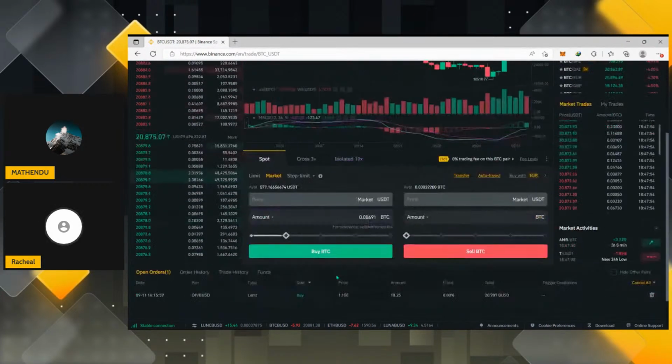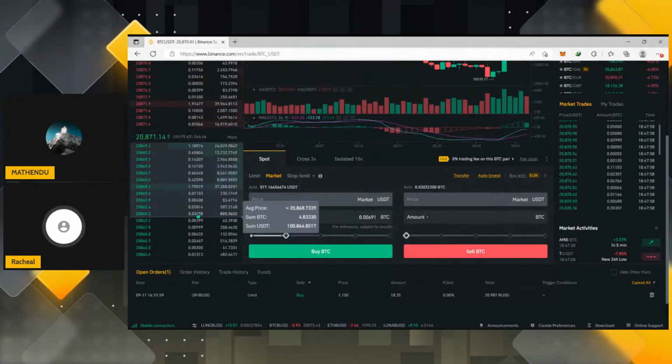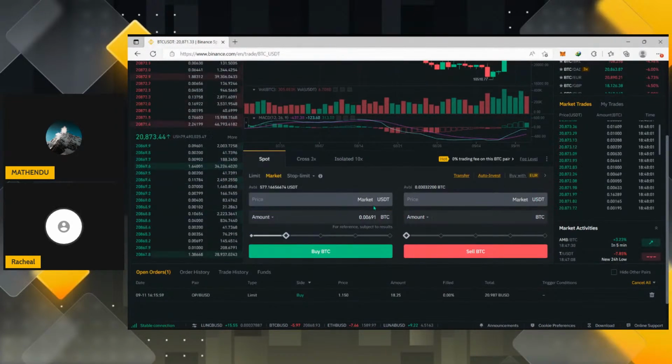That means that if I click buy right now, my order is going to be executed immediately at the best available price, meaning it's going to be executed at this price right here. That is the market price.